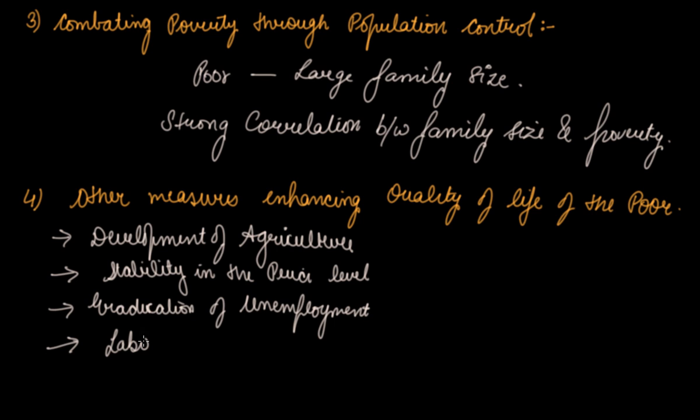Labor intensive techniques of production. See, if I talk about small scale industries, they were actually set up to engage more and more of the population and to employ more and more workers in the industries.